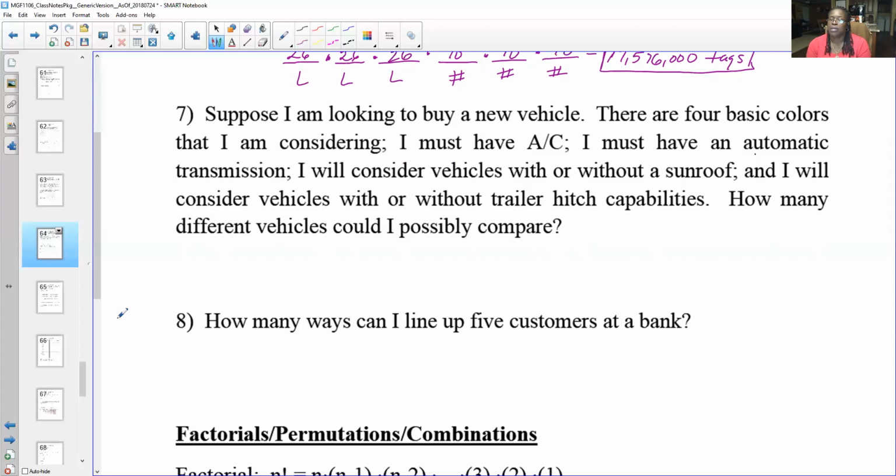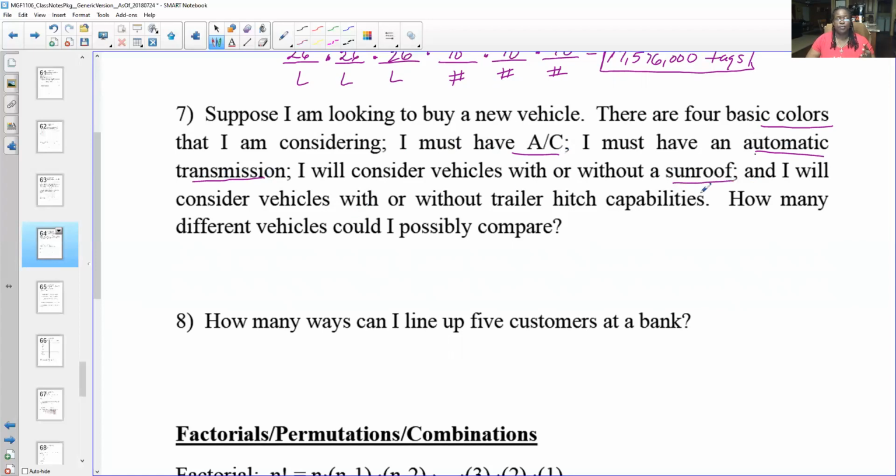Well, look at what they gave us. Now I know you see it, but take a second now and look through. How many things or categories did they give us to look at? I see color, AC, automatic transmission, that's 3 things now.